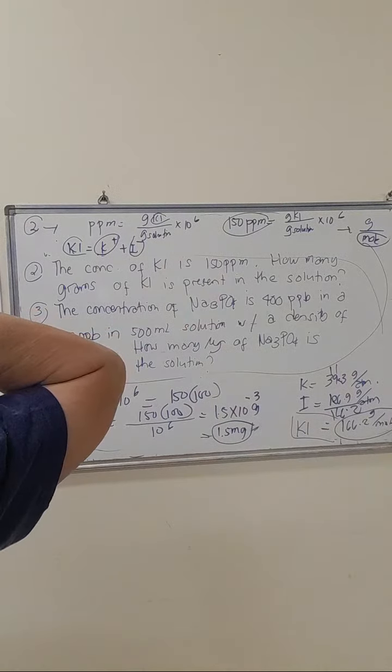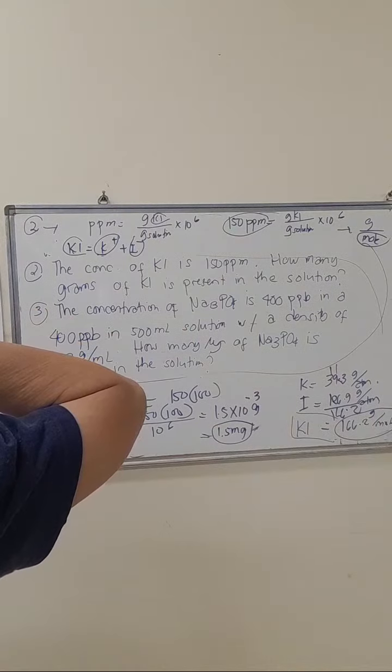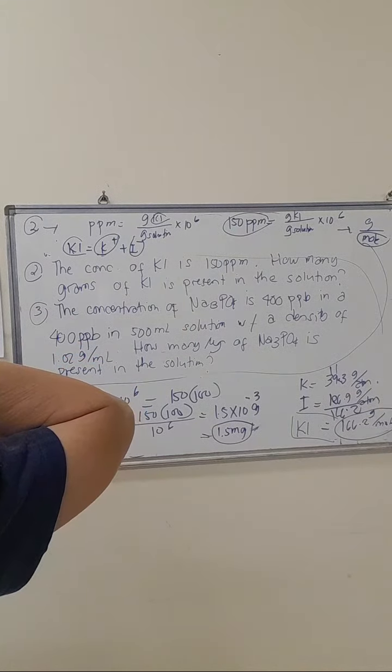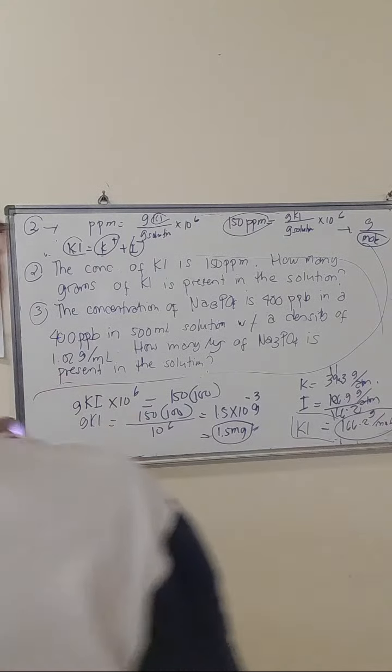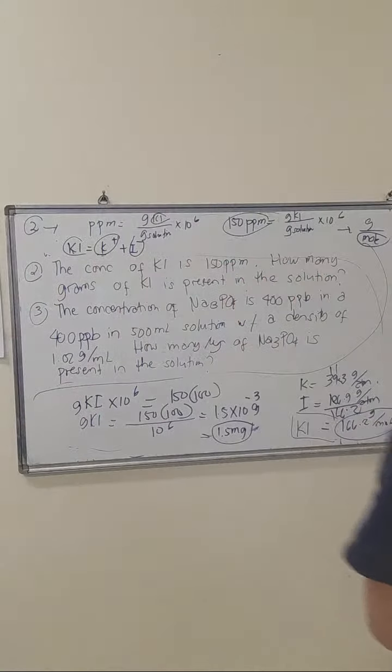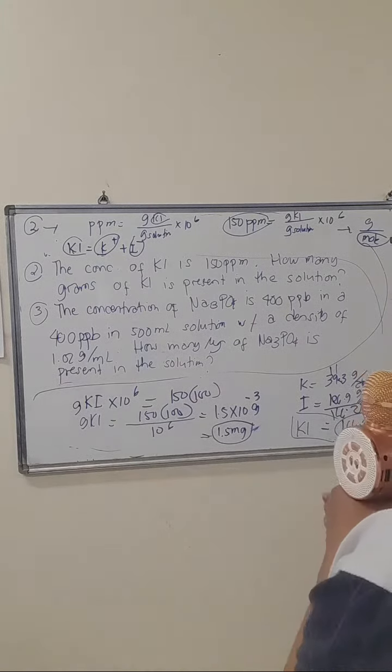So this is the grams of potassium iodide present in the solution, because the solution is not mentioned. There's no grams of solution specified, and there's no density of the water. And if you try to compute with the grams per mole, we cannot relate it either.